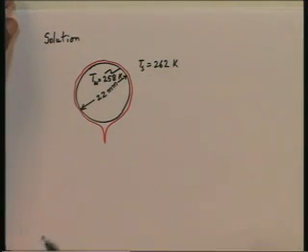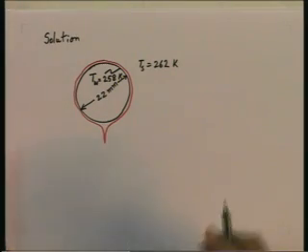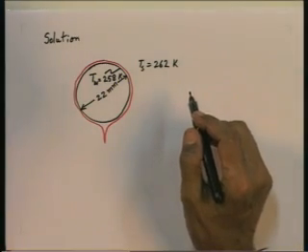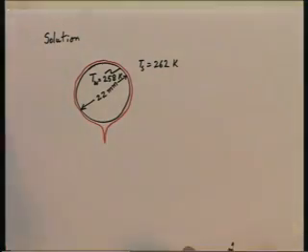Now, the first thing is properties. We need the properties of R22. And you have to take properties at the mean film temperature. So, what is the mean film temperature?